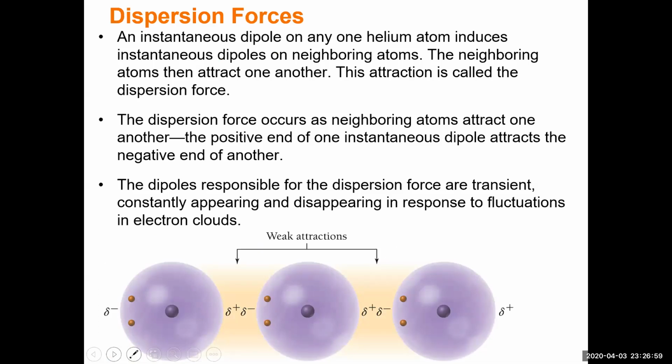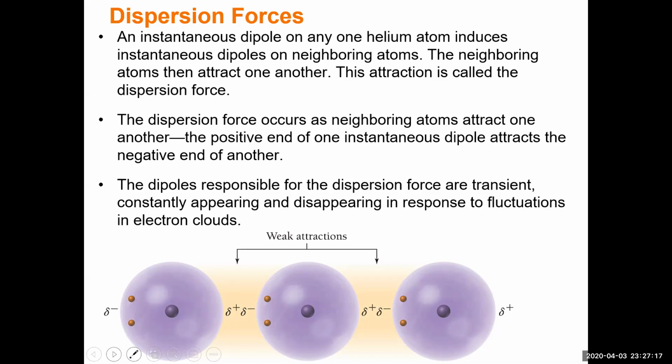So what happens is that instantaneous dipole that just occurred on one of those helium atoms is now going to induce an instantaneous dipole on the neighboring atom.